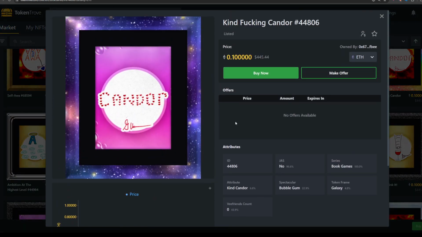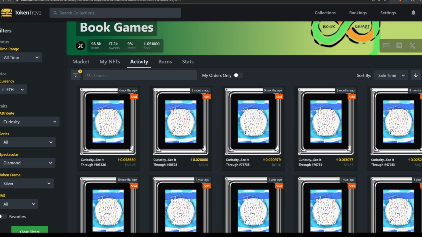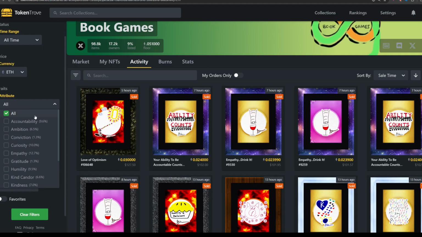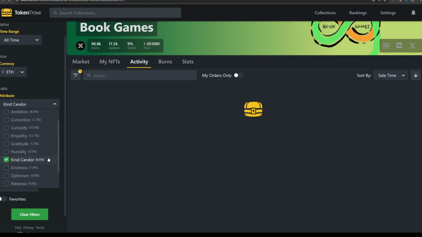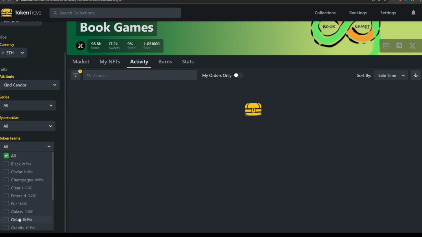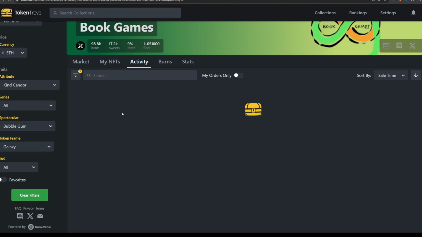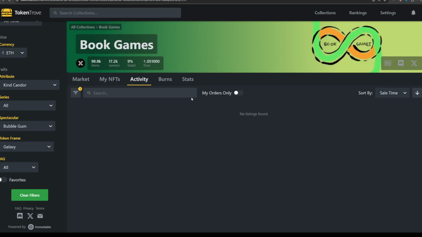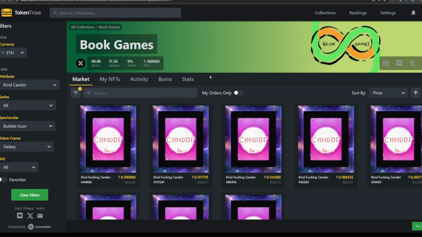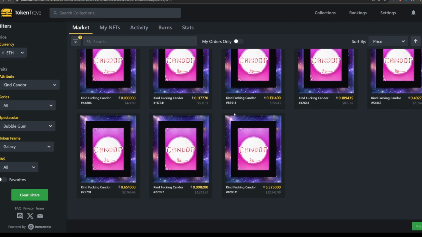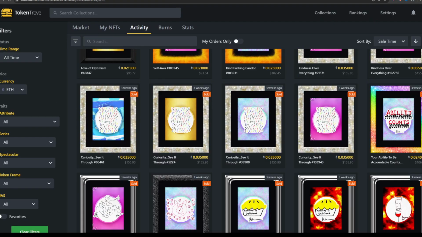No sold orders. Kind Candor Bubblegum Galaxy. Let's take a look. So that was the floor price for that token.